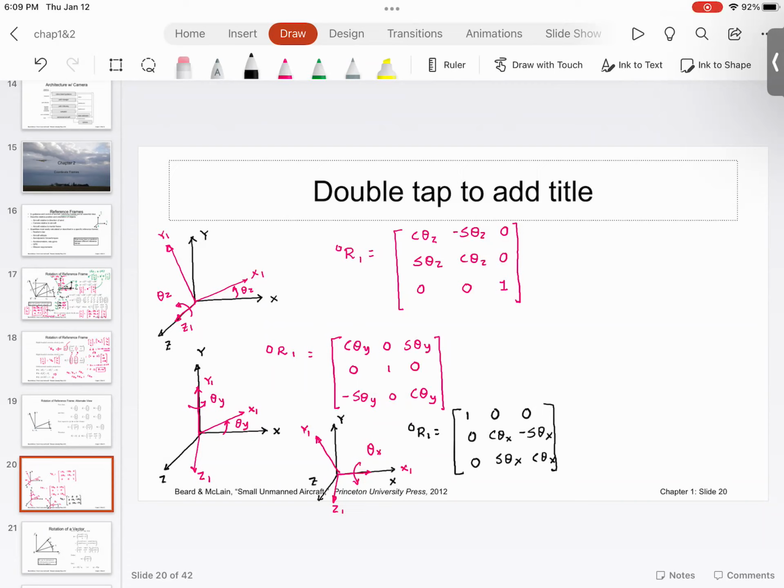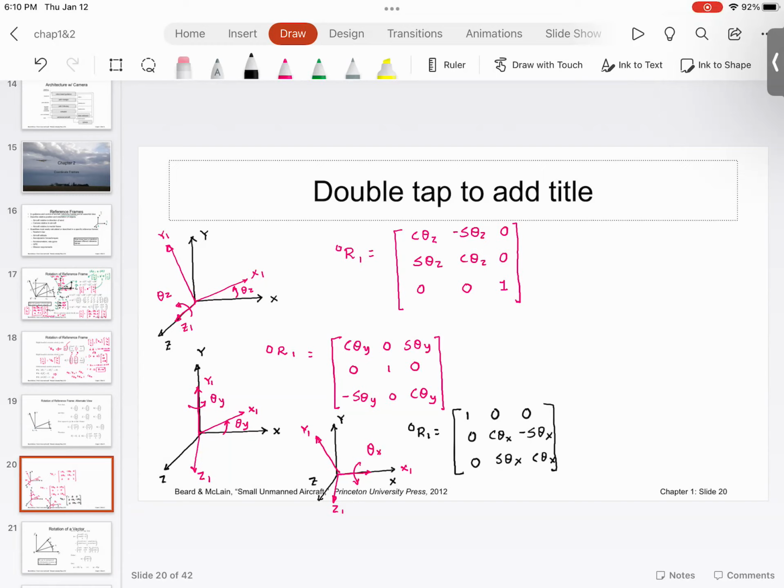So again, if you look at the projection of the new frame onto the old frame, you can derive these rotation matrices. When we look at the aircraft kinematics or different frames associated with it, we are going to use the same three rotations: rotation about z, rotation about y, and rotation about x.